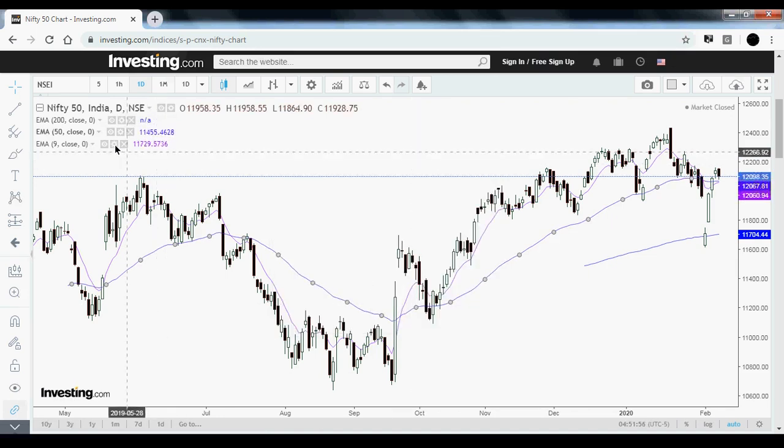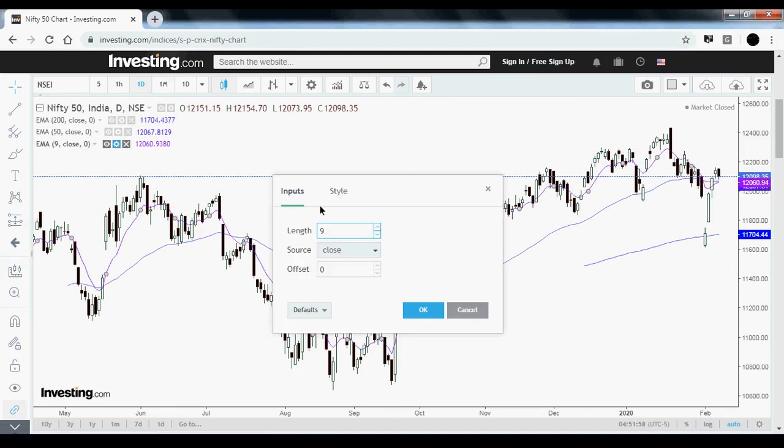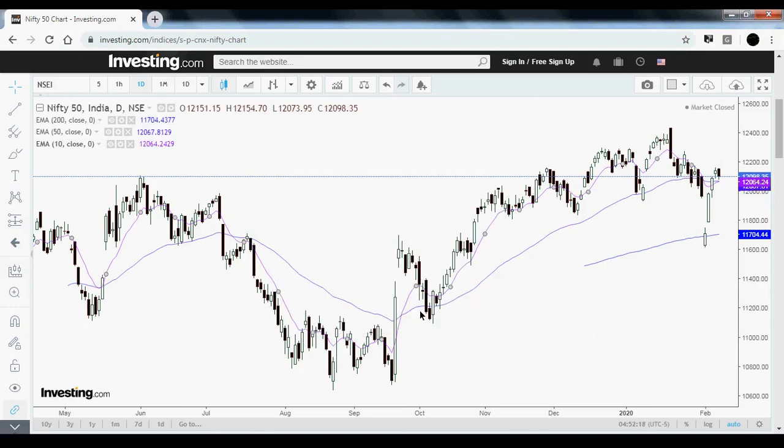Now we'll see the 10 period. We'll change the color also, because that is important if all the colors are the same. So basically I'm trying to do this live. I can always prepare some PPT and show you how to do that, but we can do it like we're doing in a live market, because I don't care about taking some time to put on some indicator, because I'm a trader.